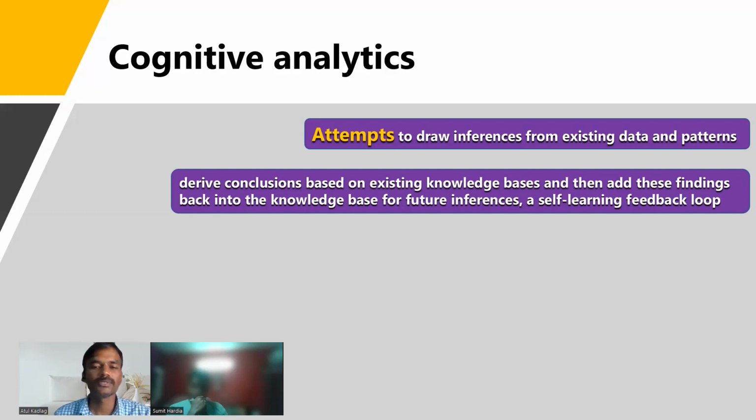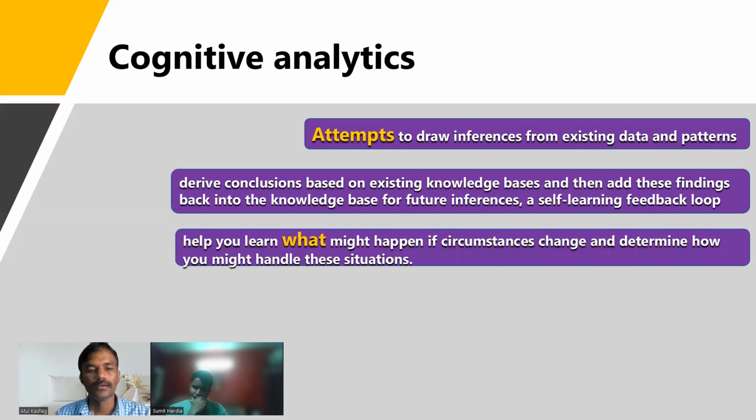So this is an iterative process: going back to the previous or historical data, trying to find some findings out of it, and using our knowledge as well, meaning the studies, and how we can use this to improve our decision-making process. It also helps us learn what might happen if the circumstances change, and determine how you might handle that situation.